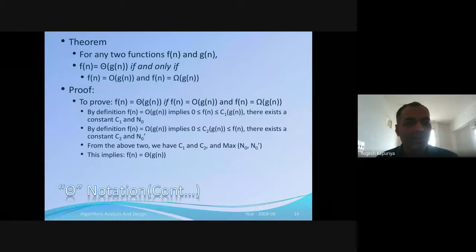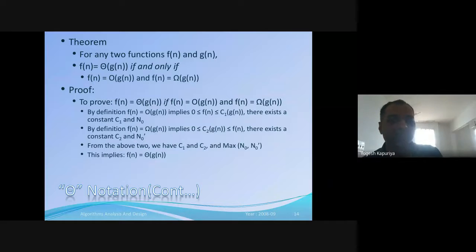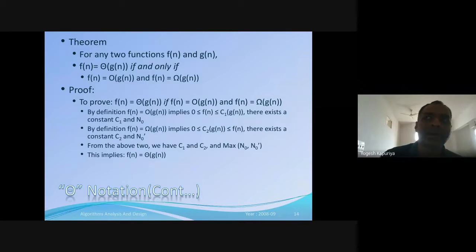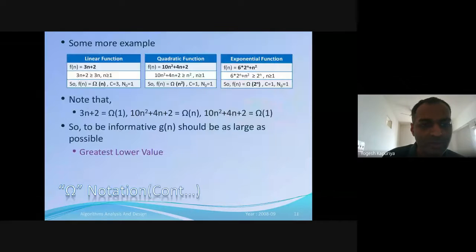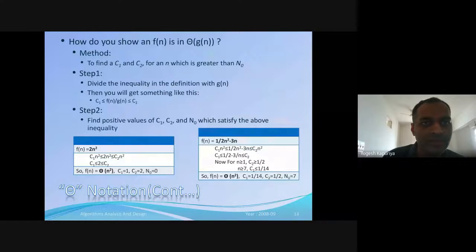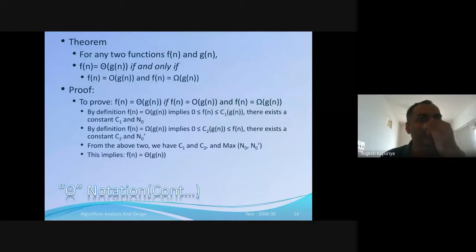Now there is one theorem, which is straightforward, but it has been asked a few times in the examination. Otherwise it is self-explanatory, because if you observe the definitions of big omega and big O, then it is relatively easy to understand this theorem.